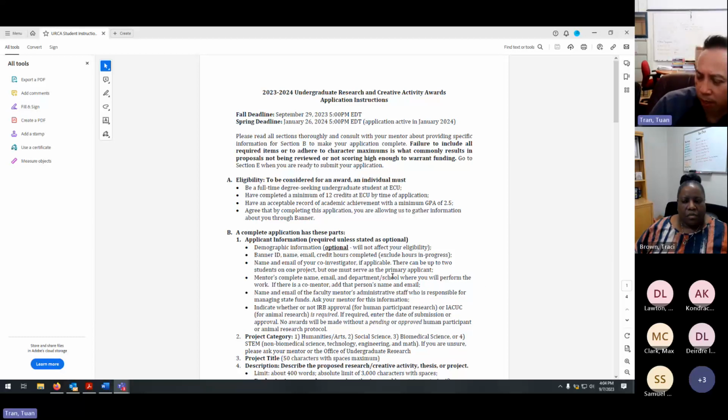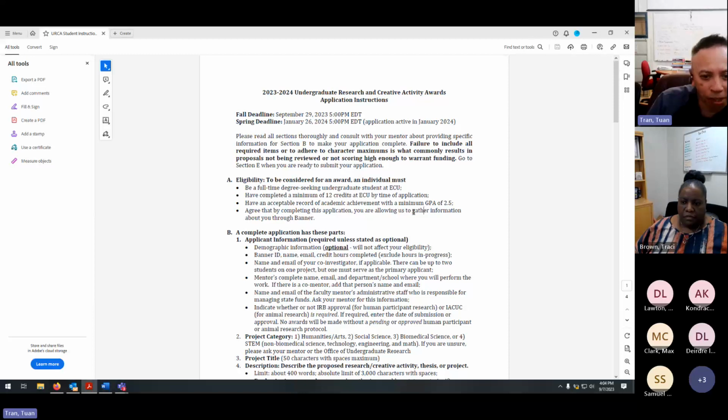Maybe I'll start with this: the application certainly seems like a lot to begin with, but you just chug away at it. Eventually you're going to get there, in consultation with your mentor. And that's the key part. We need some names from your mentor. One of those is the administrative staff person who's going to be responsible for helping you and your mentor with money matters.